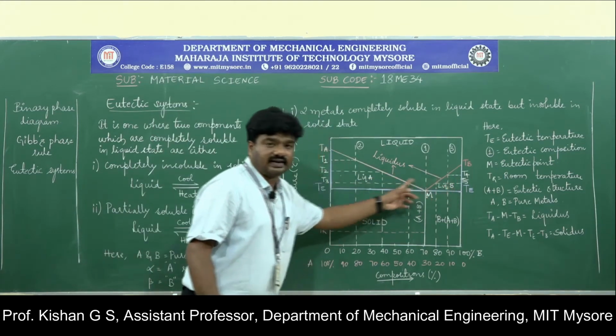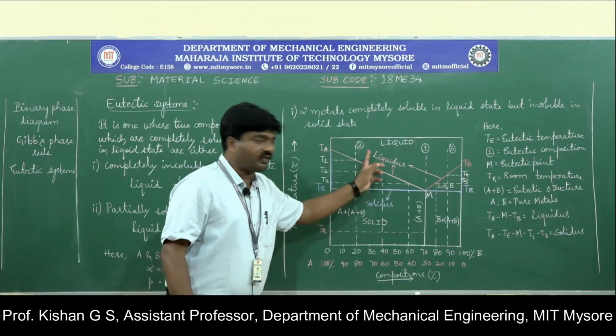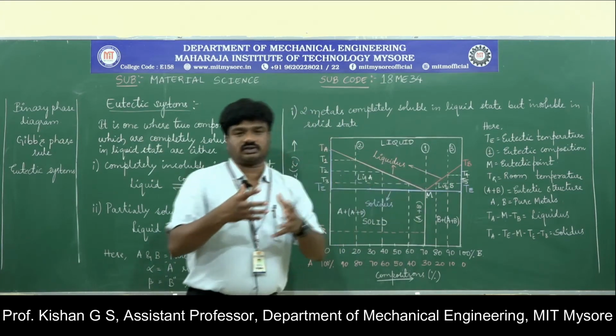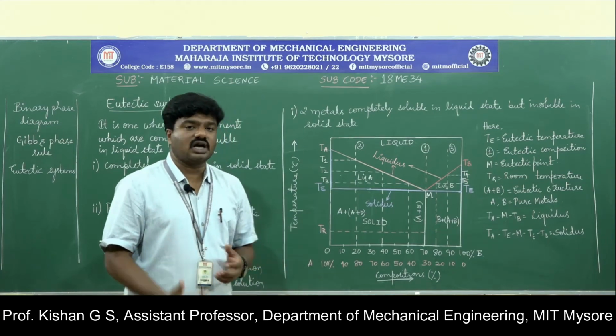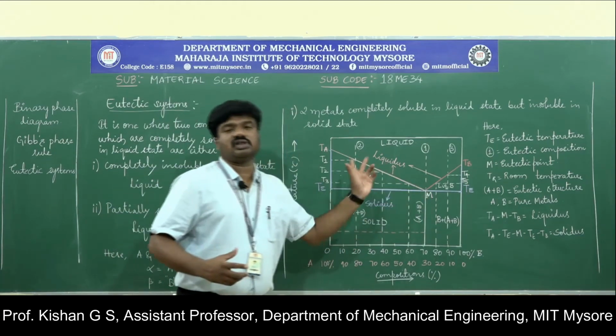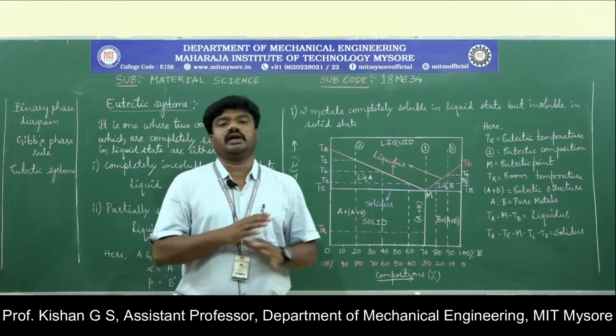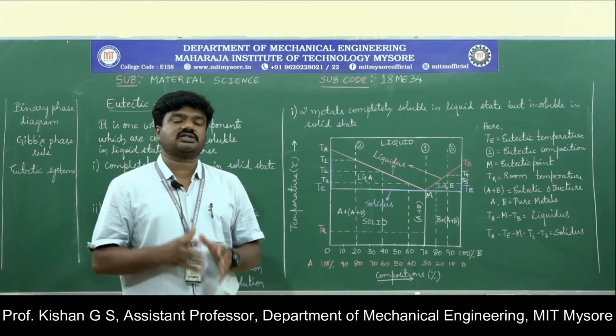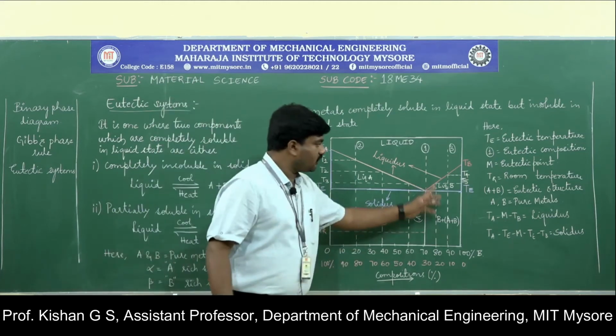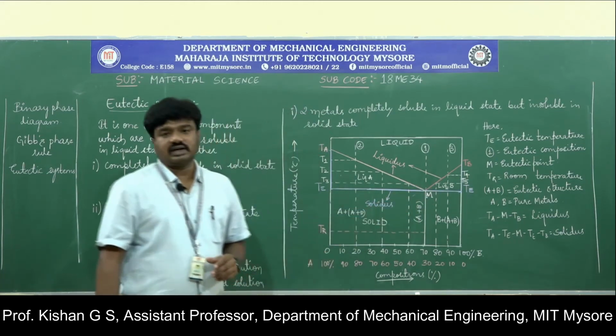Both the metals are heated to melting temperature. In the liquid state, both the metals are mixed. Whereas once we consider the solidification process, at a particular point, both the metals will be completely insoluble. They are not going to merge together, and that point is considered to be the eutectic point, capital letter M here.